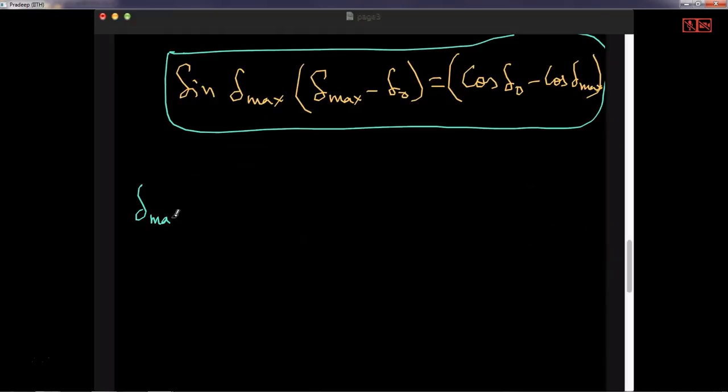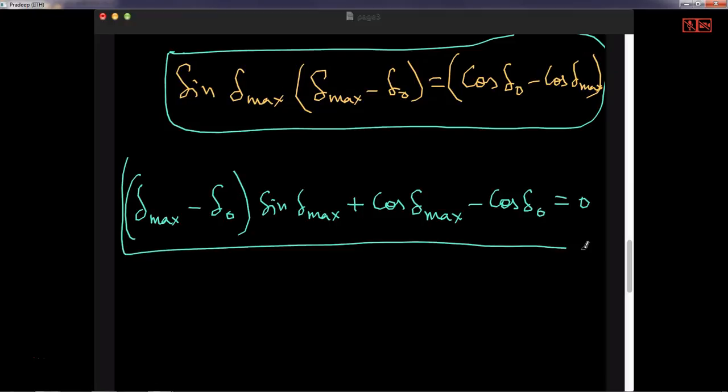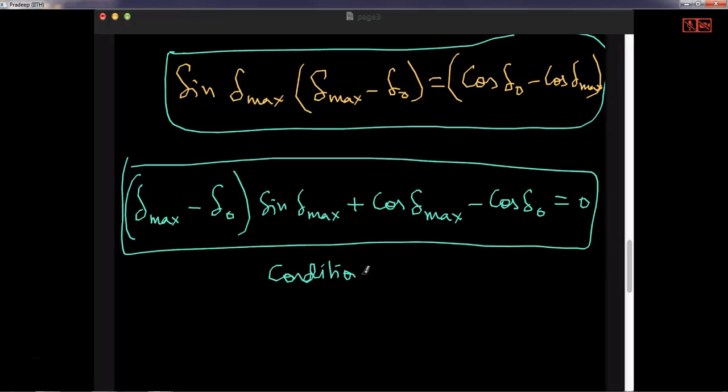Delta max minus delta naught into sine of delta max, plus cos of delta max minus cos of delta naught, equal to 0. So this is the expression. This is the condition for stability.